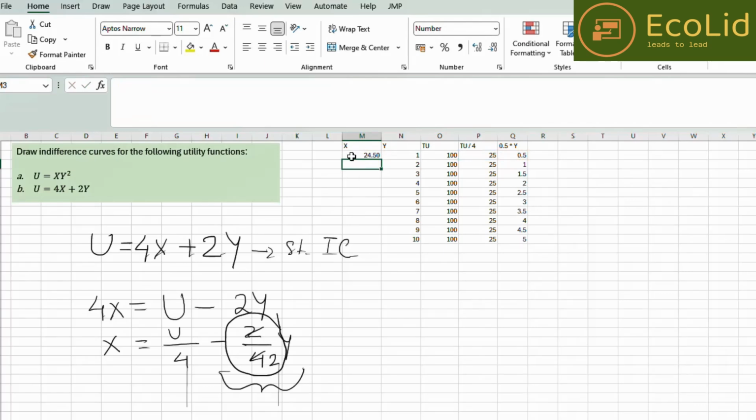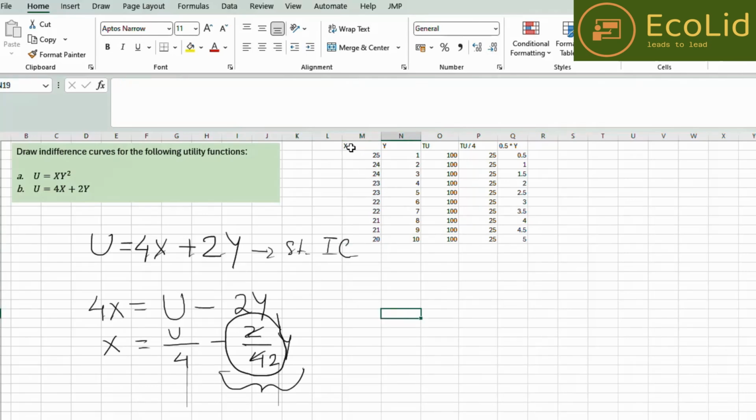For the first combination it gives us that the consumer will consume 24.5 units of x and 1 unit of y. Let us look at the other combinations. If we drag and drop, yes, these are the other combinations where we identified the values of x. So here we will consider only 1 decimal place values.